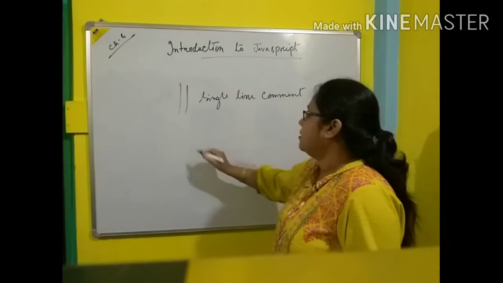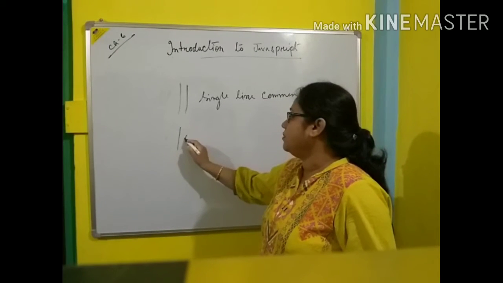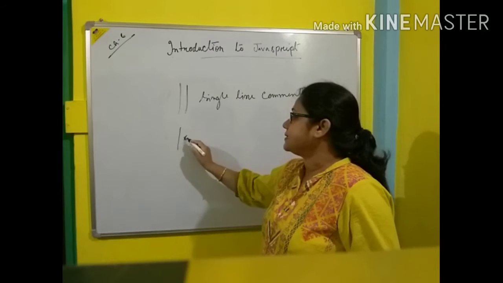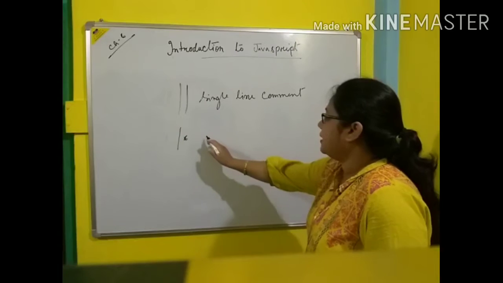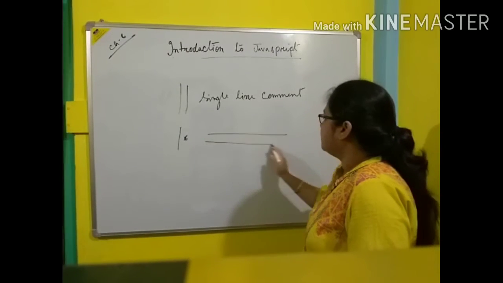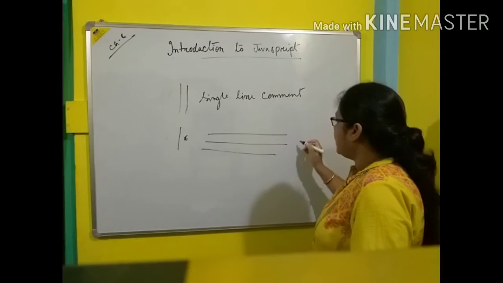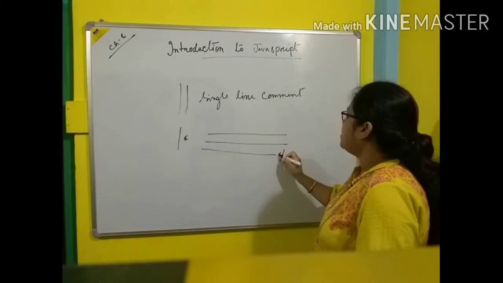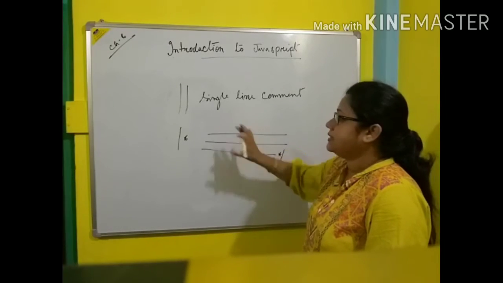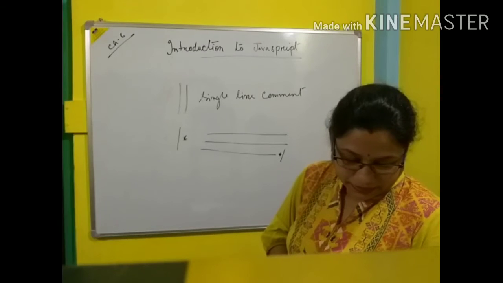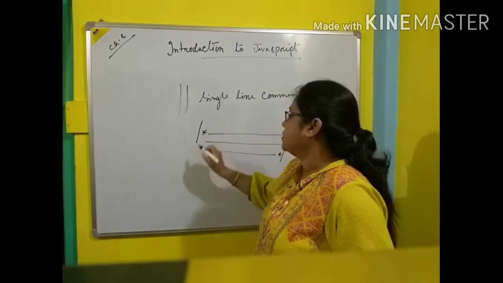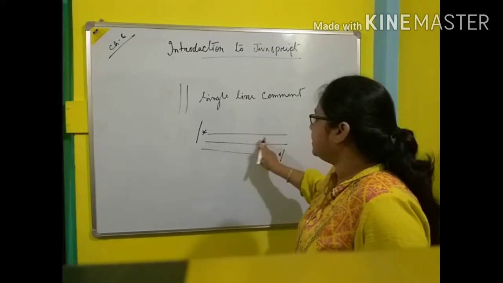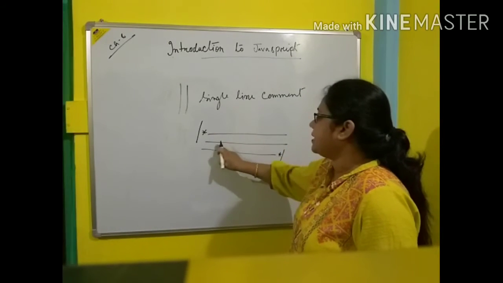So for a multi-line comment you use slash star, the asterisk mark, and here you can write multiple lines of comments, ending with star slash. So this is known as a multiple line comment. With slash star you begin writing the comments.